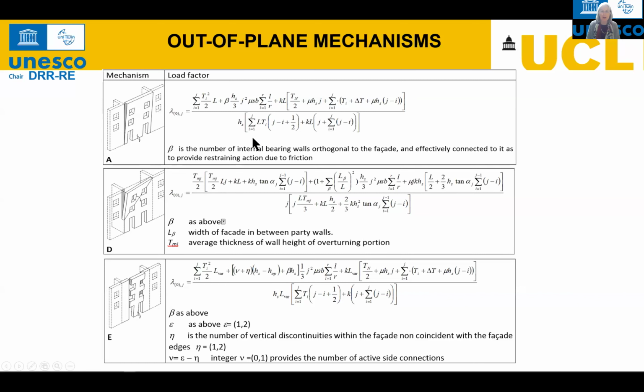We have an equation that computes what we call the collapse load factor. These equations relate basically the overturning moment with the stabilizing moment for each of these conditions.